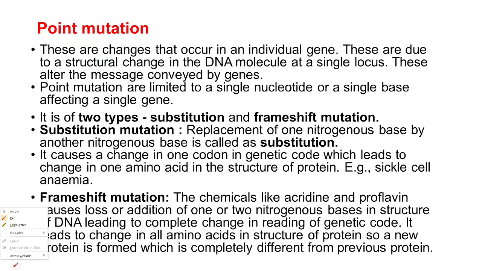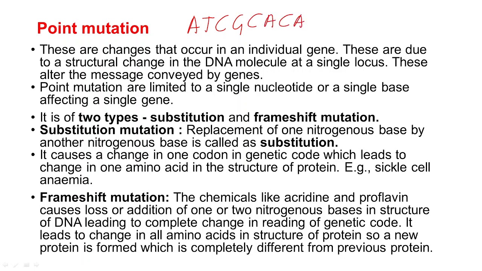So if you write the sequence of the nitrogenous bases, say for example, on the DNA, if you consider the nitrogenous base sequence, that is A, T, C, G, then C, C, A, C, A, T, T, A, T, A, G, G, like this.